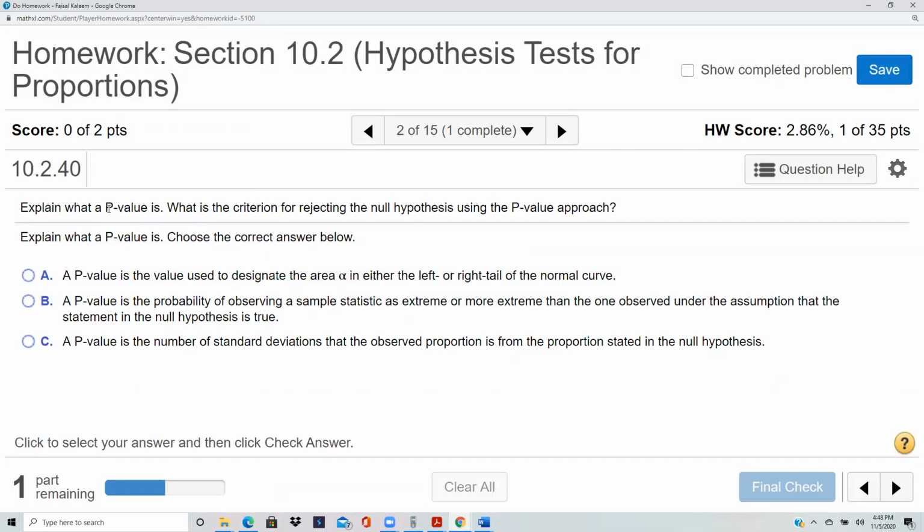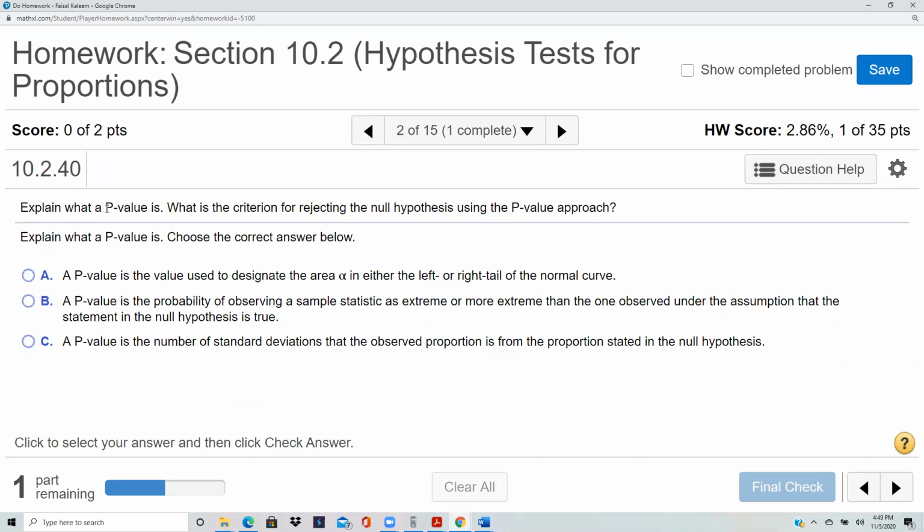A p-value. So now this P is uppercase P. It's different from the lowercase p. The lowercase p in proportion stats is used for the population proportion, whereas the uppercase P has a different meaning.